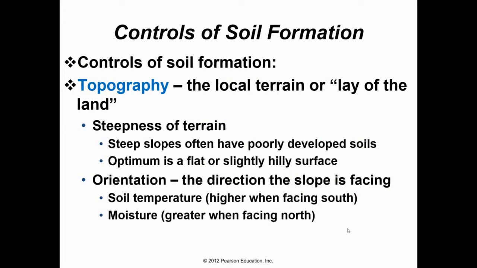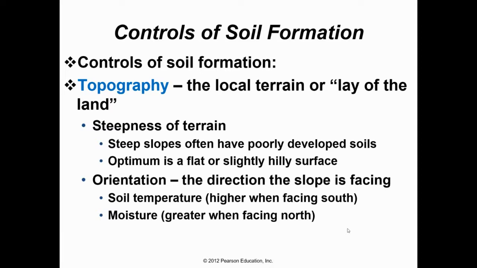Okay, so some controls of soil formation. Topography is probably the most important, and really, I guess that gets broken down into the steeper the terrain is, the less likely you're going to have soil on it.